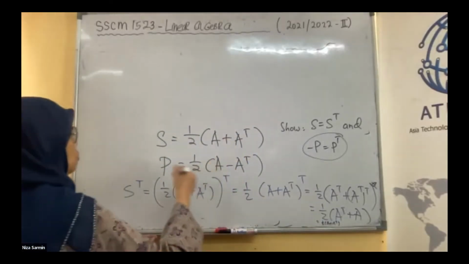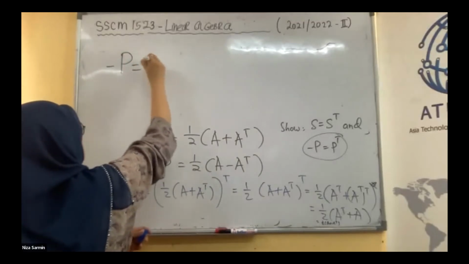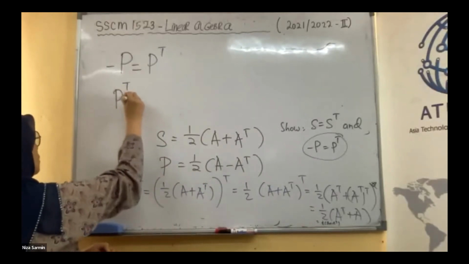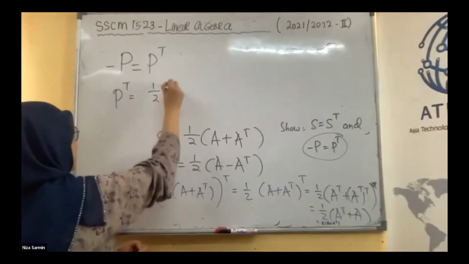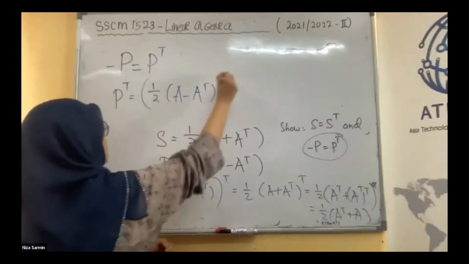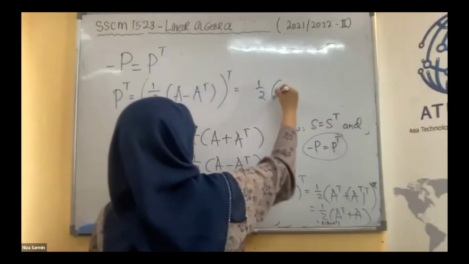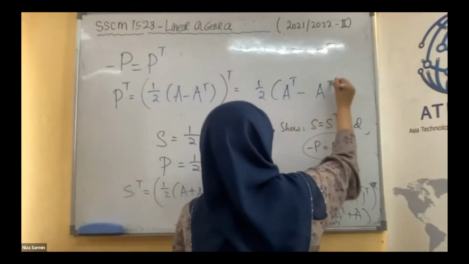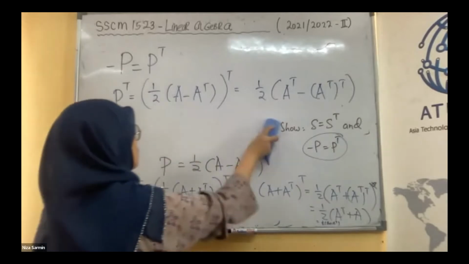So, you want to show negative P is P transpose, right? So you take transpose first, yeah? Okay. 1/2 A minus A transpose. Transpose again. Okay. So number remain the same. Okay. So A transpose minus A, and take out the negative. All right.